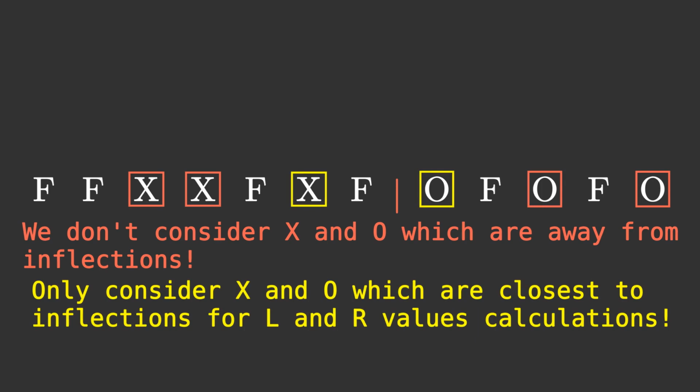Similarly, we will only consider the X's and O's closest to the inflections for our L and R values, because the X's in the red boxes will not directly contribute to our inflections. These will be covered inside the L value of our yellow X, which is nearest to the inflection point. Similarly, the nearest O to the inflection point, inside the yellow box, will contribute its R substrings for the red colored O's to the right of it.